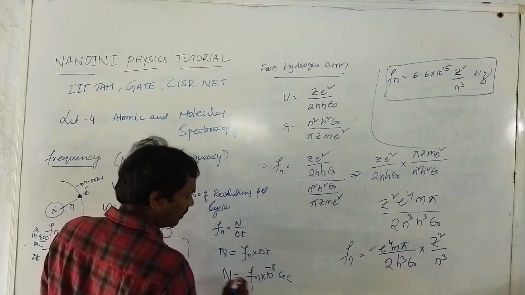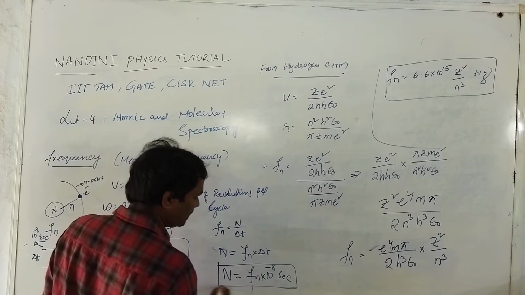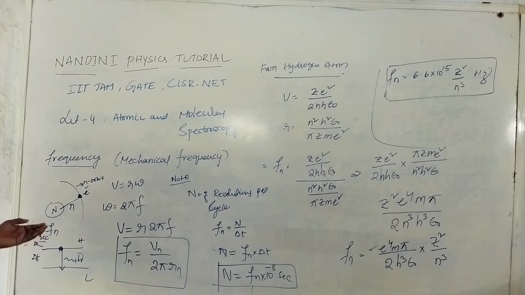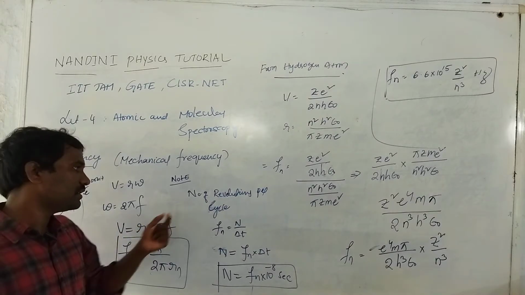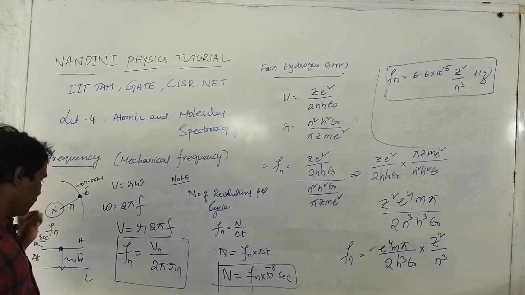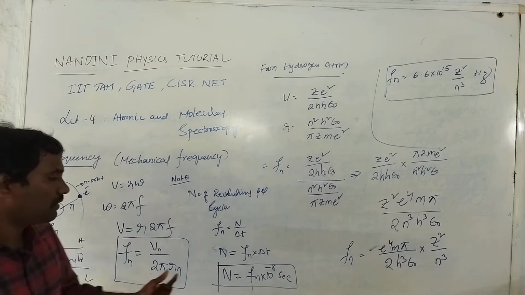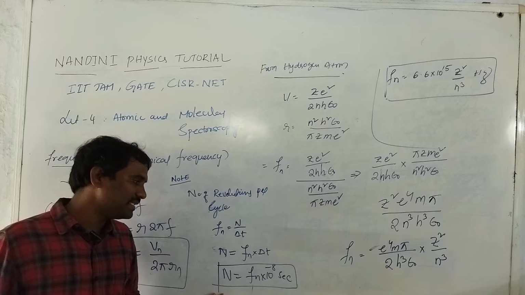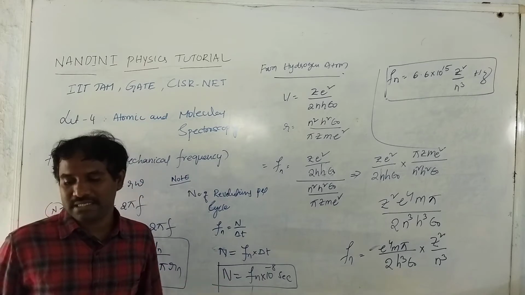When an atom jumps from a higher state to a lower state, it produces a number of revolutions. How many revolutions are made by this electron? The formula is n is equal to Fn into 10 power minus 8 seconds.